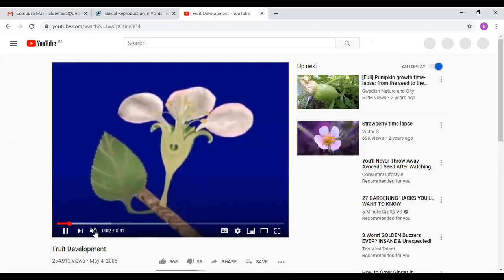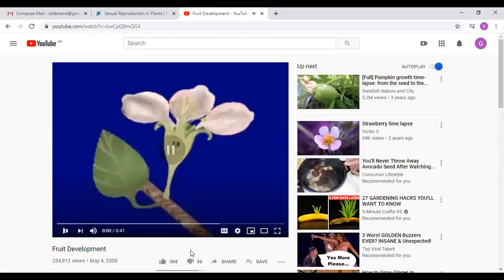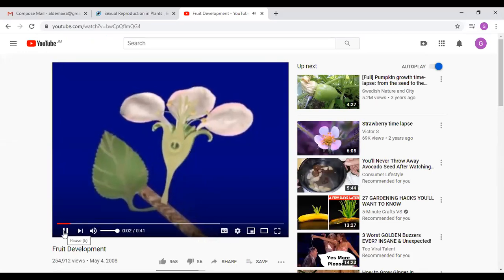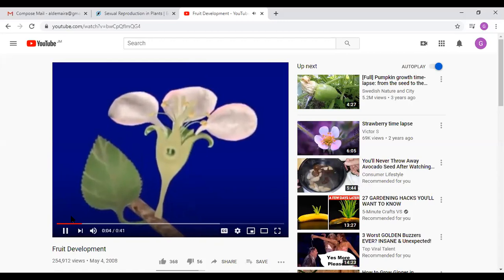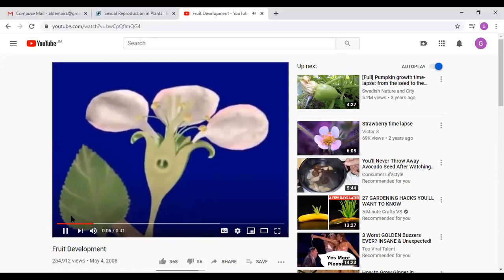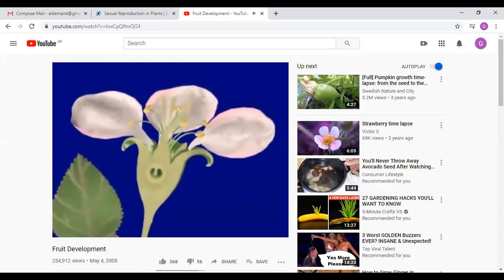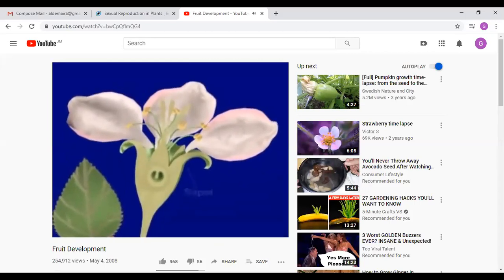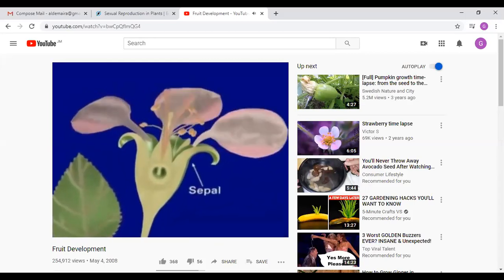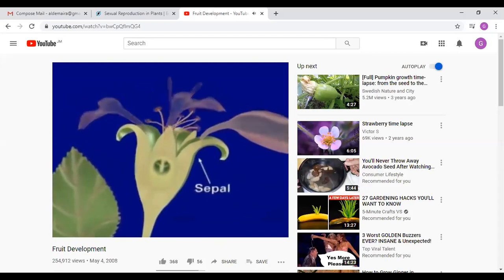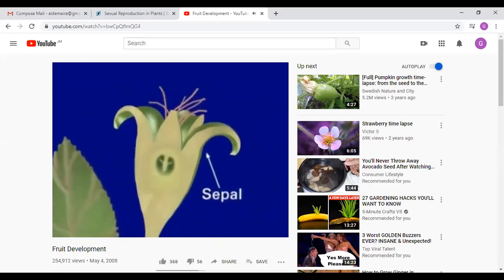Fruit development. A fruit consists of seeds enclosed in a mature ovary of a flowering plant. When the eggs in the ovules of an apple flower have been fertilized, the petals, stamens, and upper portion of the pistils wither and fall away.